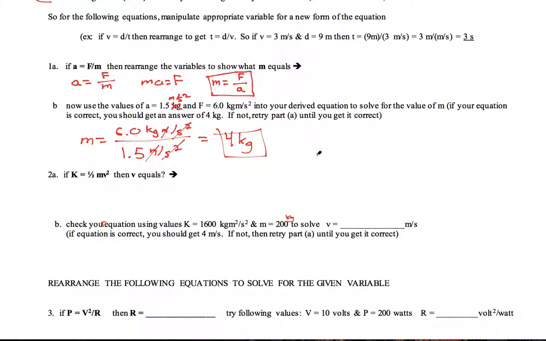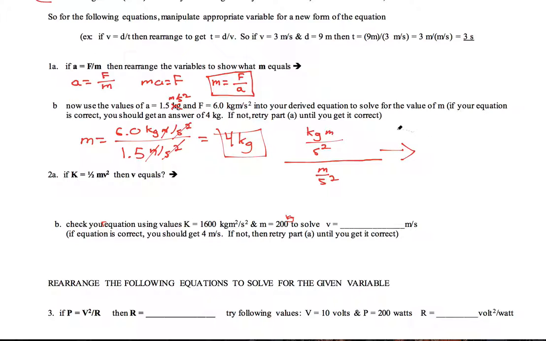Now let me actually do out that unit cancellation for you a little bit more explicitly in case that's something you're struggling with a little bit. So kilograms, let me write it out this way: kilogram meters per second squared divided by meters per second squared. And you guys, I think, are familiar with the copy change flip rule.